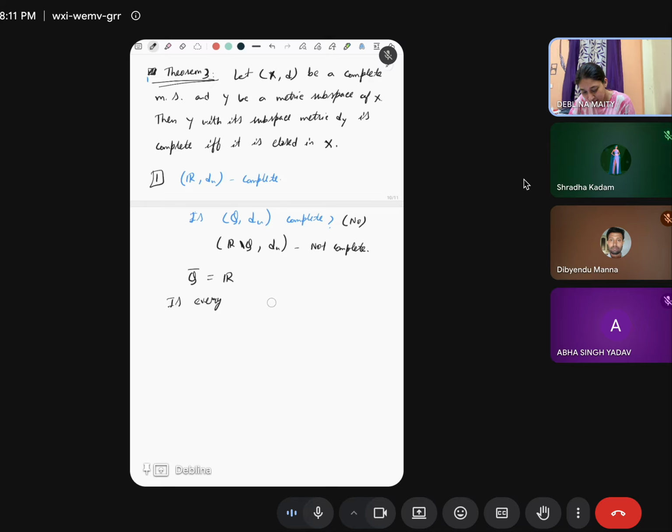Every incomplete metric subspace is contained in some subspace.